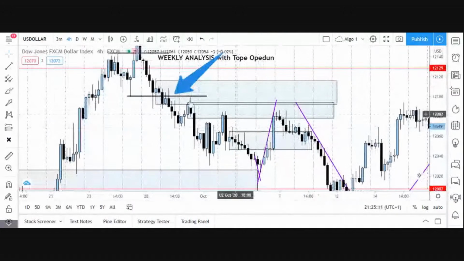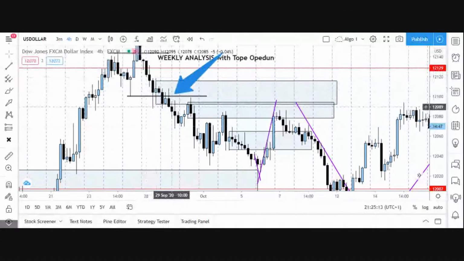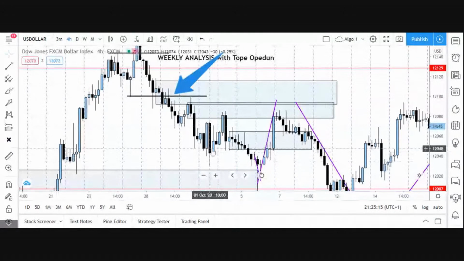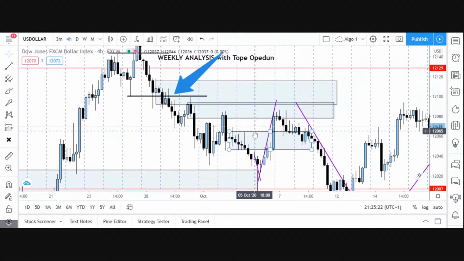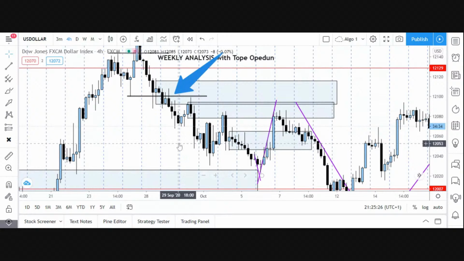And as price is moving down on the US dollar, what you'll be looking for would be price moving up in other pairs that the US dollar is inversely proportional to. For example, GBPUSD, EURUSD, AUDUSD, Kiwi, that NZDUSD. If the US dollar is dropping down, those pairs will be going up.